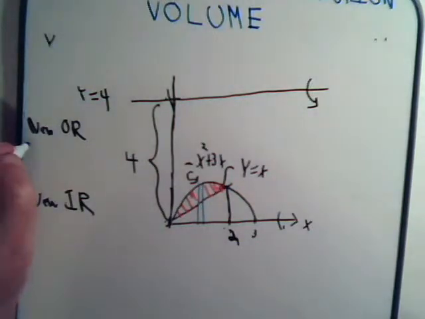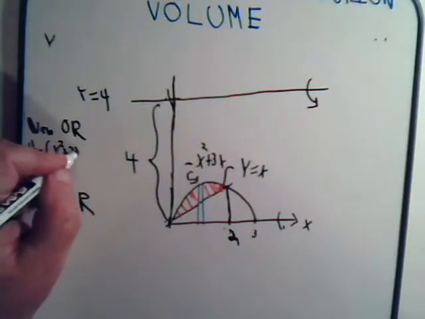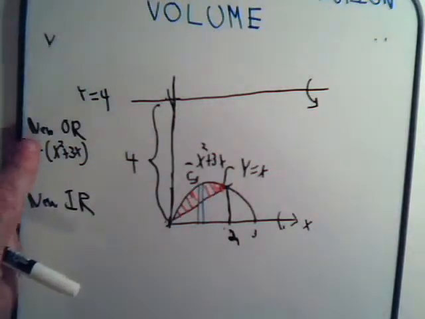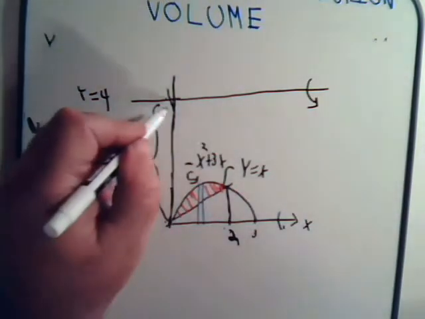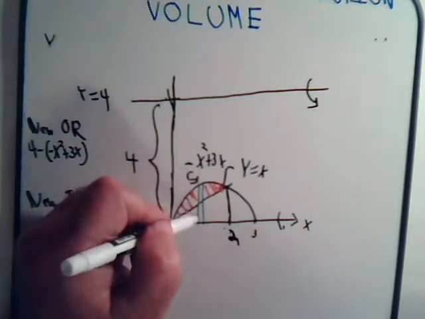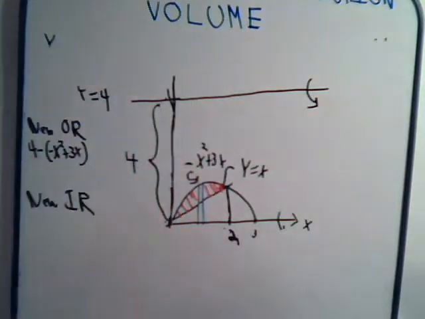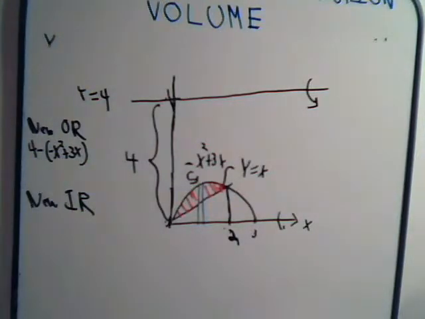So we're going to have 4 minus x squared plus 3x. Hold on, did we write this? Yes, we did, except we have minus x squared in here. So it's 4 minus this distance here gives us this distance here, which is what we're interested in. So it's going to be 4 minus this distance, minus x squared plus 3x.